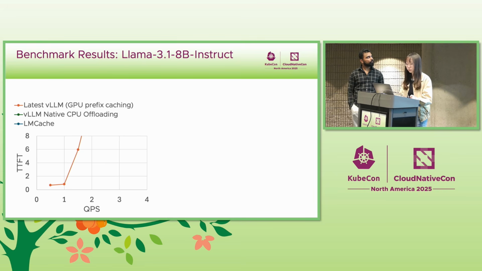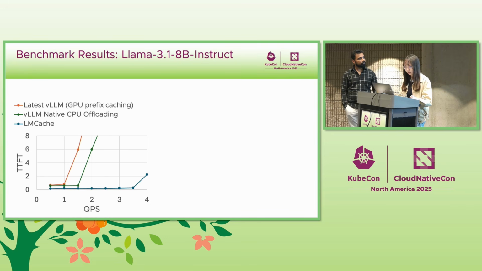This is where the latest vLLM is at, which by default enables vLLM's GPU prefix caching. And this is vLLM native CPU offloading. And this is where LMCache is at. Here we can see that at the same level of TTFT, LMCache can improve the throughput by more than 2x.